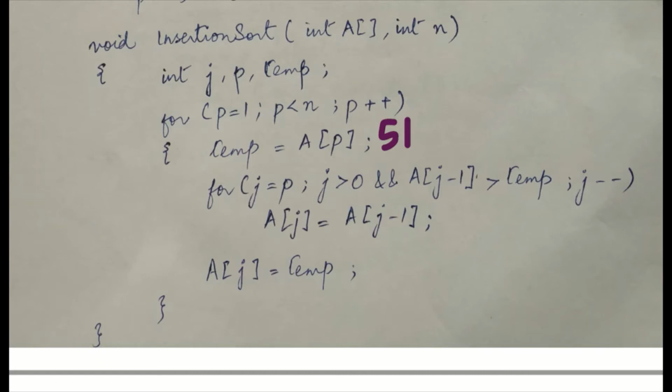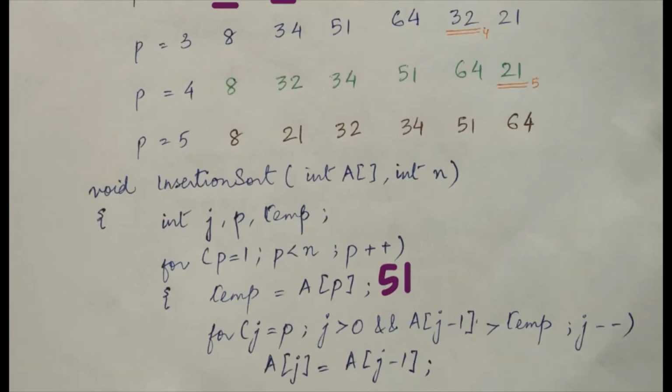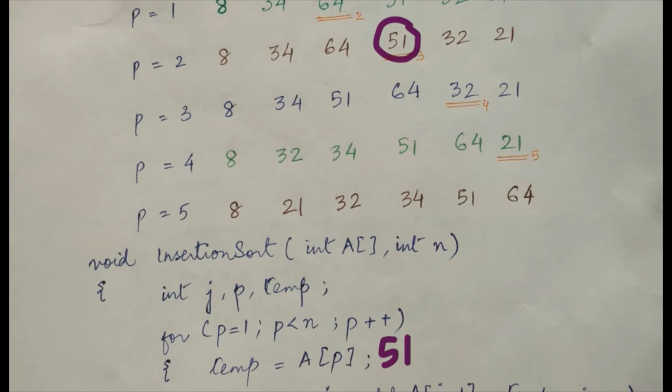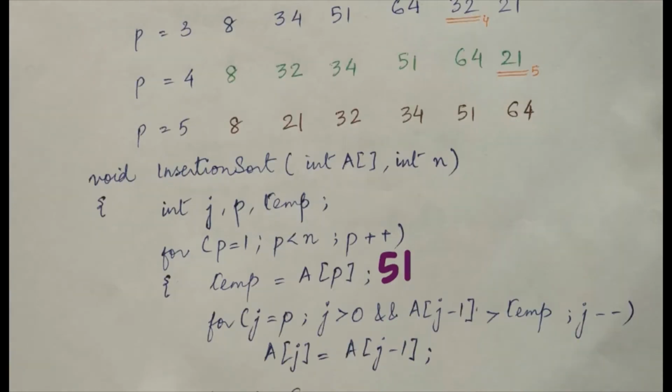So this will continue till 51 is not less than the elements on its left. Actually it will not start this way, it will start from the other side. It will first compare with 64. Is 51 less than 64? Yes.